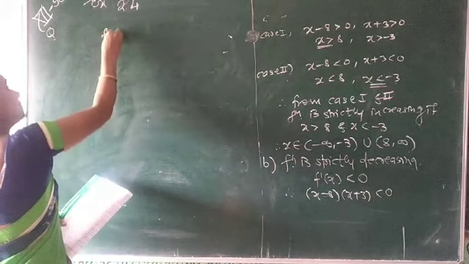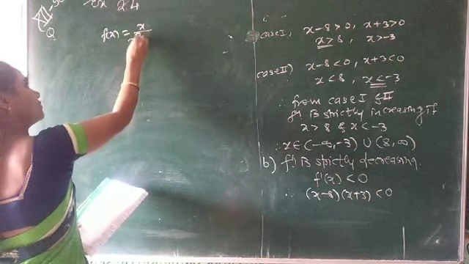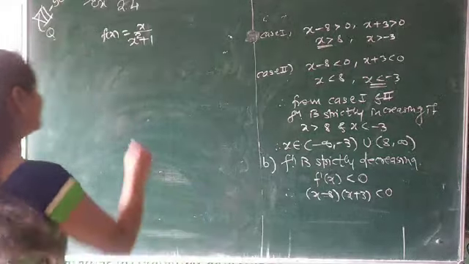The function is x upon x square plus 1. If we have to find the derivative, we have to use the quotient rule here.